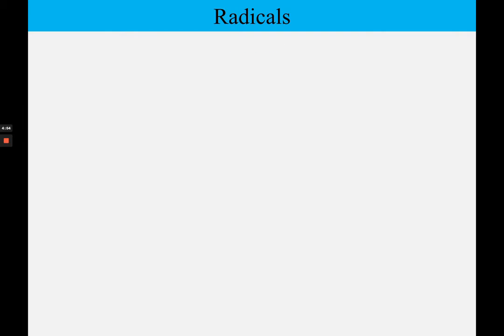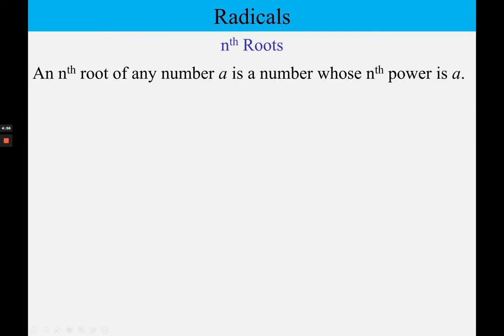Now, higher than 3, you have nth root, like 4th root, 5th root, 6th root, and onward. An nth root of any number a is a number whose nth power is a. So you have 3 to the power of 4 is actually 81.